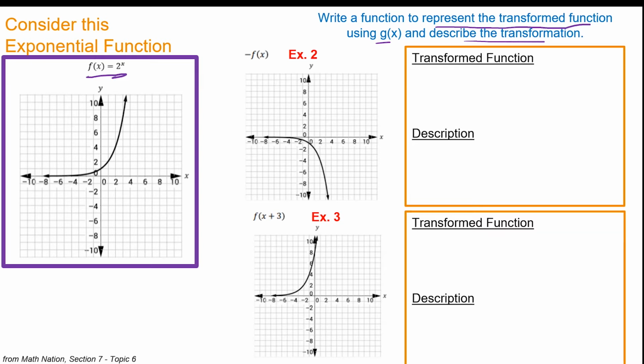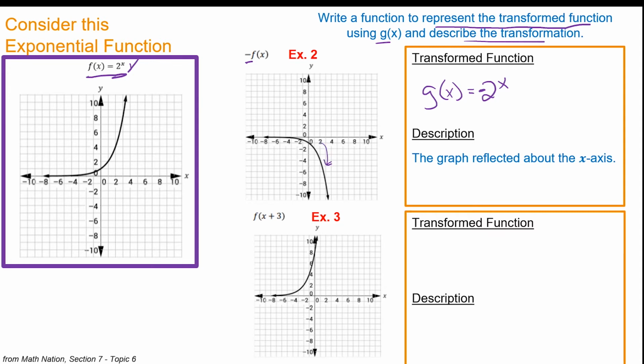So in terms of our transformed function, g of x is equal to negative 2 to the x power, because we have a negative in front of our f of x. If you recall from our overview of transformations of functions, a negative in front of the f of x means the graph will be reflected over the x-axis. So it's flipped over the x-axis right here.